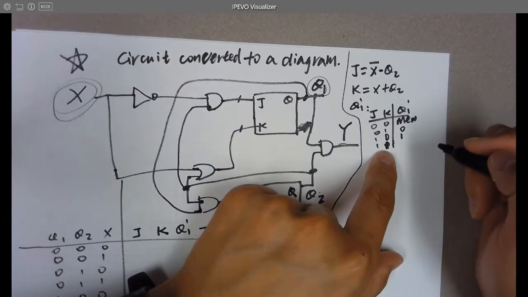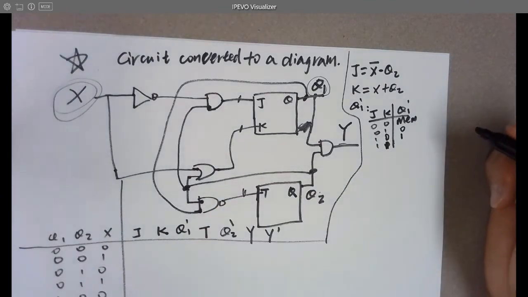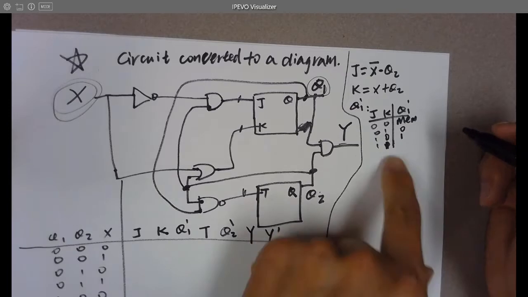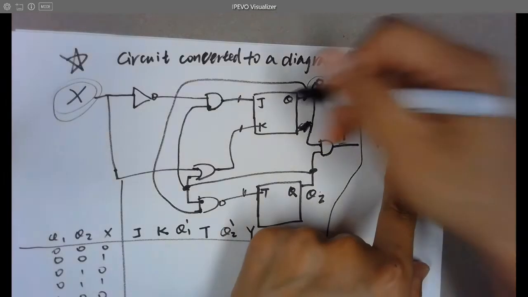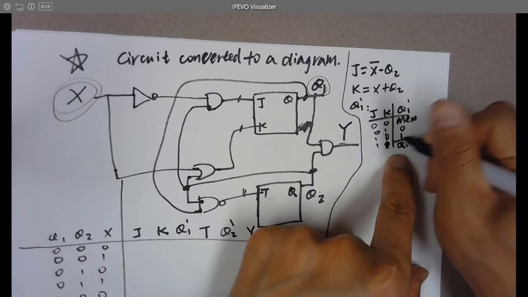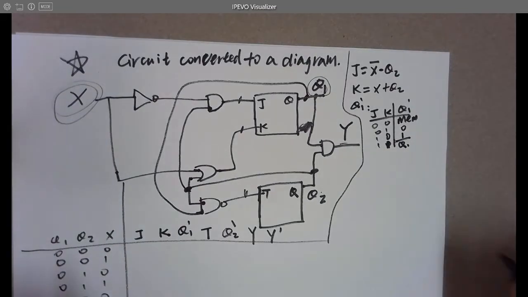And 11 is the last one, we'll toggle that. Whatever Q was, it is going to toggle it, because this is a master-slave, right? It's going to toggle Q1 bar.